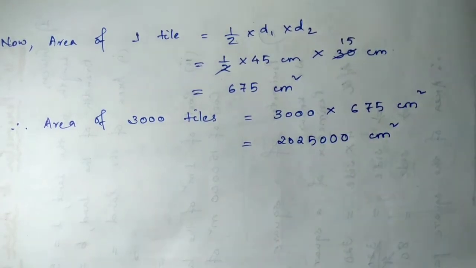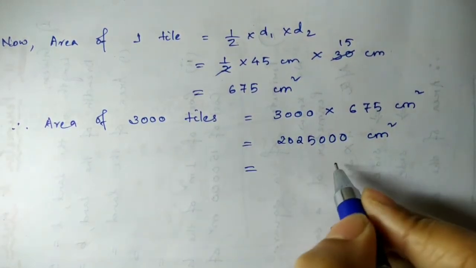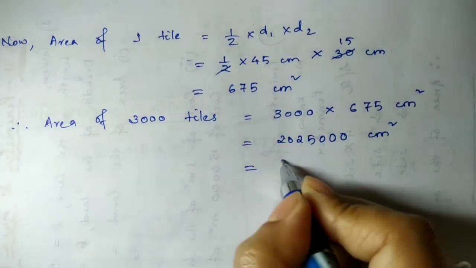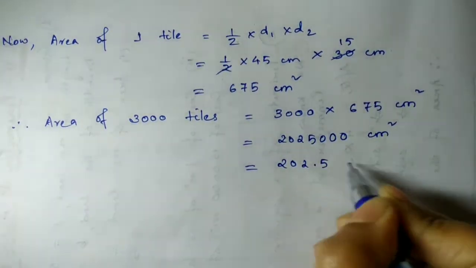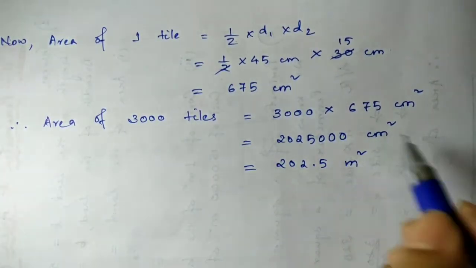Now this is given in centimeter square, but the cost is given per meter square. So I need to convert this into meter square. And if I convert it into meter square, it will be equal to 202.5 meter square, dividing by 100 into 100.